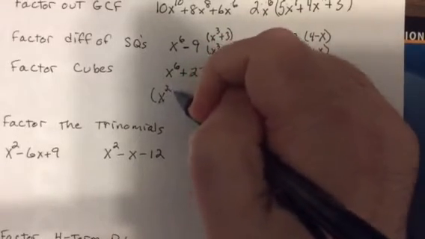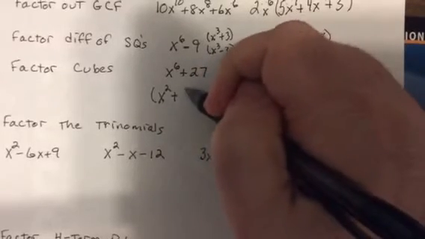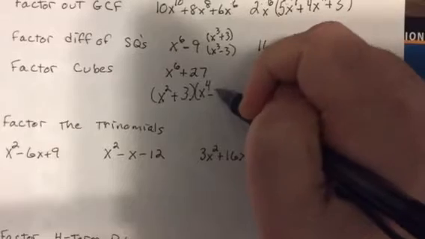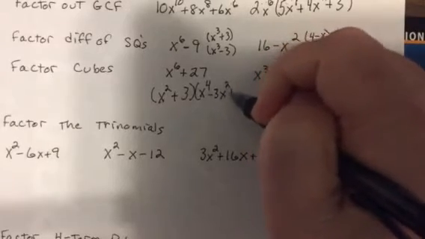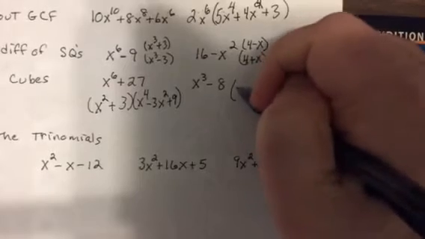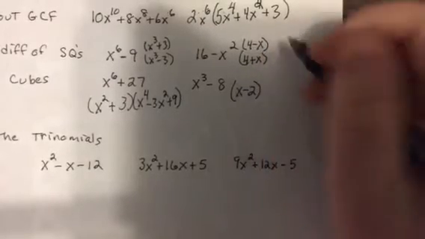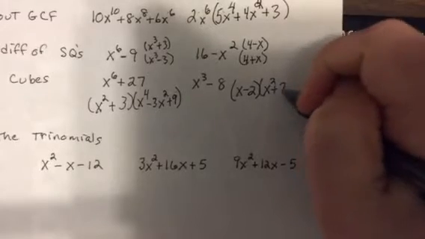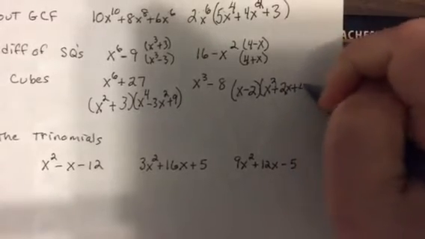So it's x squared plus 3. Then square the first term, opposite sign, product of the two, add the square. And this one, x minus 2. Then it's x squared plus 2x plus 4.